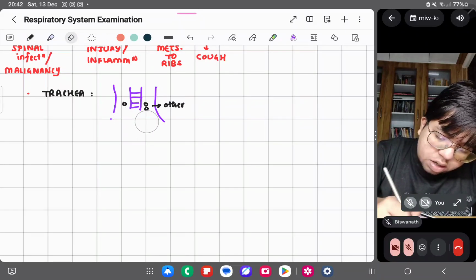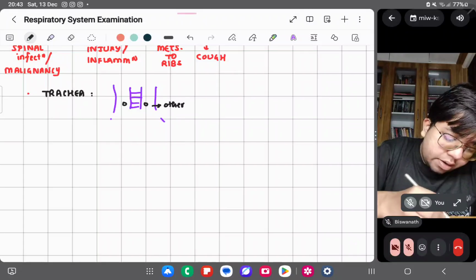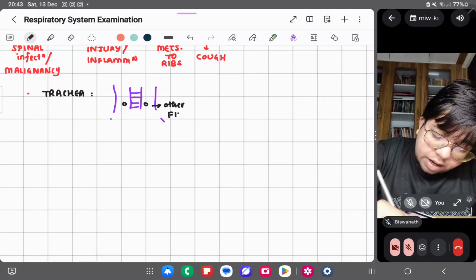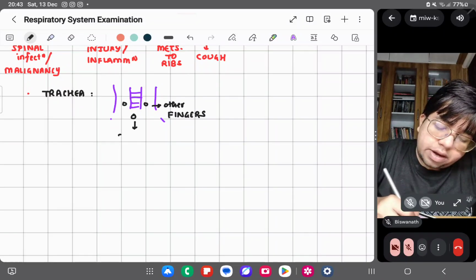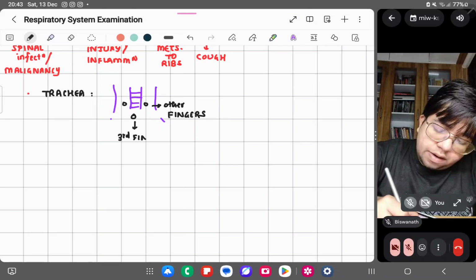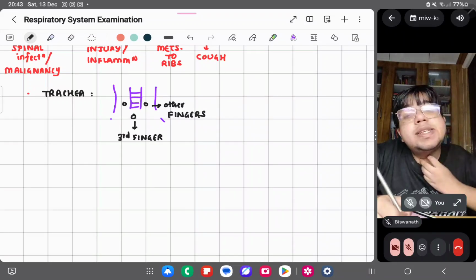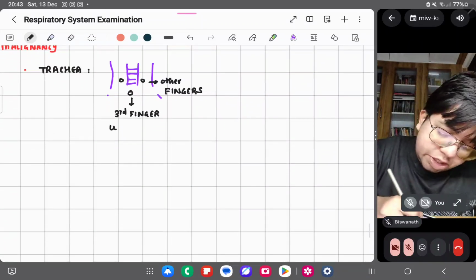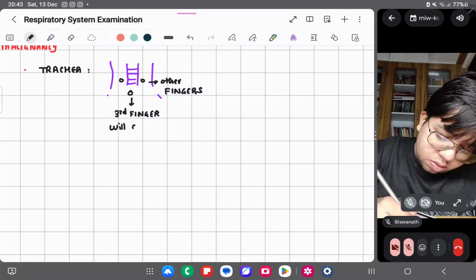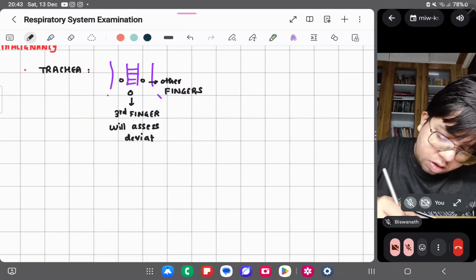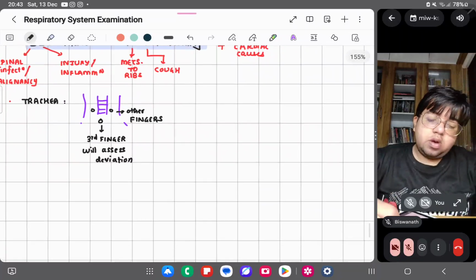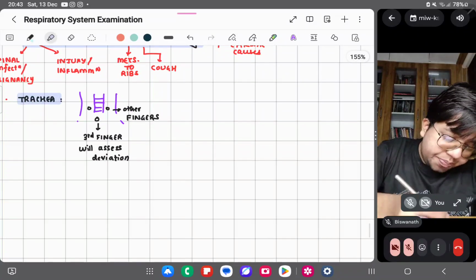You can just take one finger, no problem in that. The third finger, which you are putting centrally, will assess the deviation of the trachea. This is about the trachea.